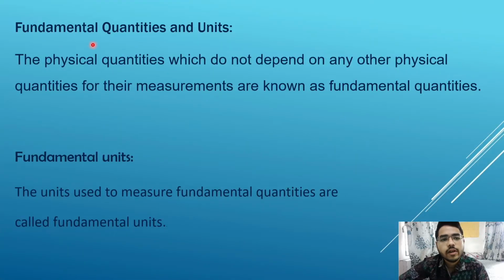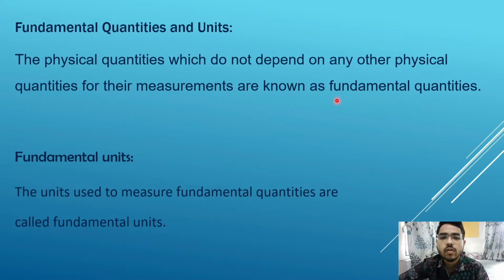So the fundamental quantities and units. We are starting with fundamental quantities. Let's start with the definition. The physical quantities which do not depend on any other physical quantities for their measurement are known as fundamental quantities.